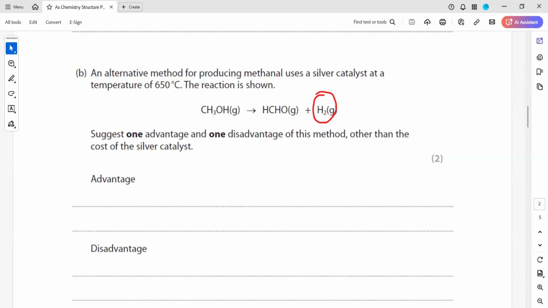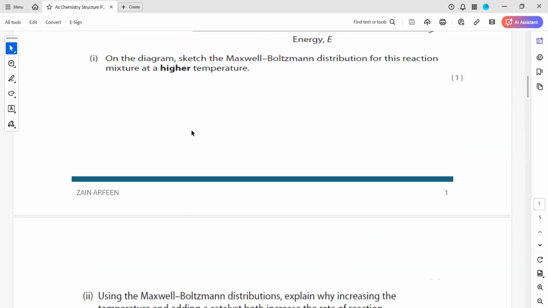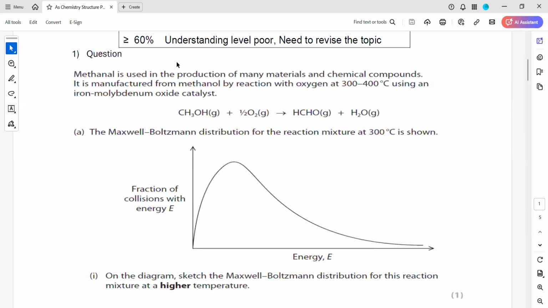And you can say higher temperature increases the rate. It is the same reactant but different products. One is methanol, which is a gas, decomposes to form formaldehyde and hydrogen. The second reaction was methanol reacted with oxygen to form formaldehyde plus water vapor.